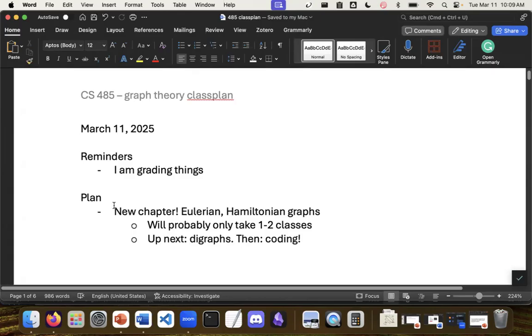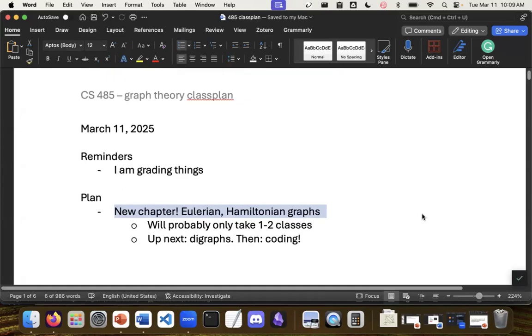I do have a new packet for you, because we're starting a new chapter. It's chapter 3, which is on Eulerian and Hamiltonian graphs. So the graphs that have fairly interesting properties.